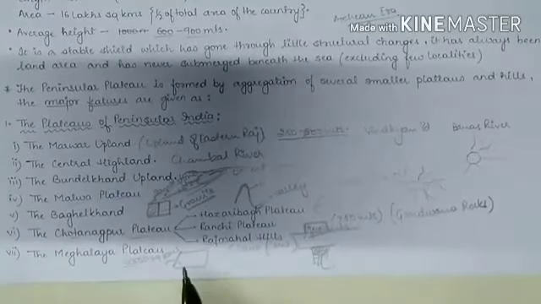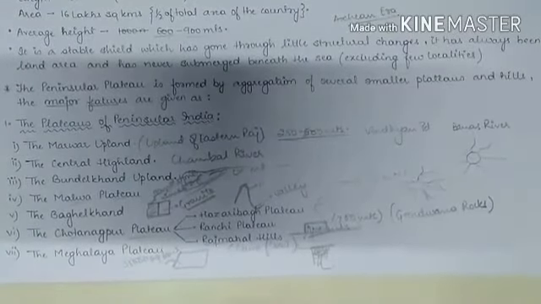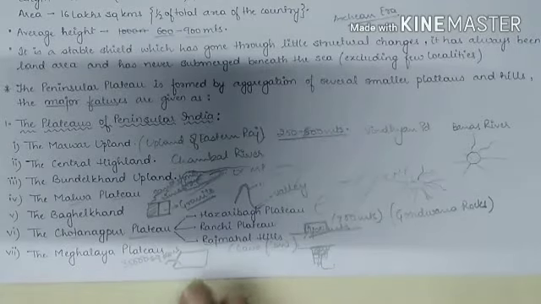And this Meghalaya Plateau is mainly formed by Dharwadian quartzite, shales and schist with granite intrusions. And it has some basic sills also present in it. Now this plateau slopes down to the Brahmaputra Valley in the north and the Meghna Valley in the south.